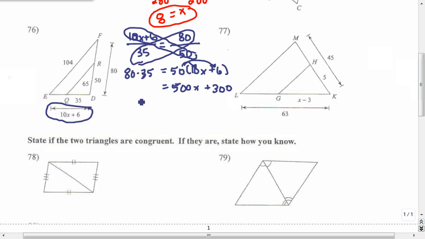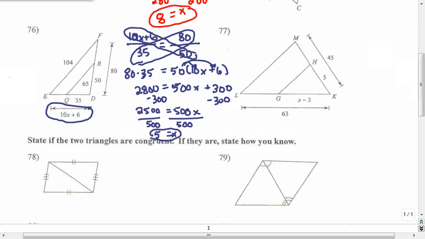What is 80 times 35? Thank you. So now we're going to subtract 300 from both sides of our equation to get 2500 equals 500x. And when we divide both sides of the equation by 500, we get x equals how much? Very good. X equals 5.